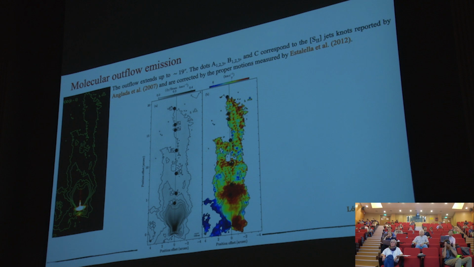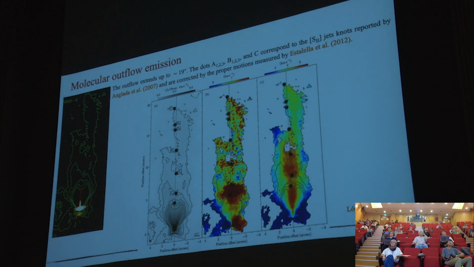This difference could be interpreted as a rotation velocity in the protostellar outflow, and this part could present an excess of velocity and could be associated with entrained material. And finally, the dispersion velocity map shows that the dispersion velocity is dominated by the protostellar jet.